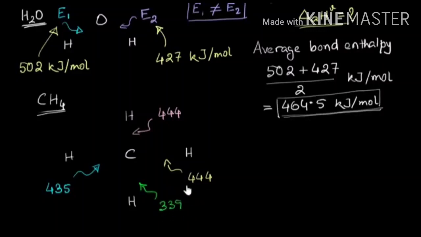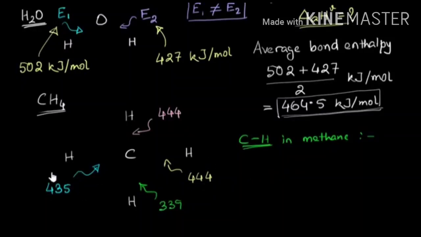But it is different for the fourth bond of carbon and hydrogen, that is 339 kilojoule per mole. In the case of polyatomic molecules, we must take the average energy. So, for calculating the average energy of the carbon-hydrogen bond in methane, we add these 4 energies and then divide by 4.